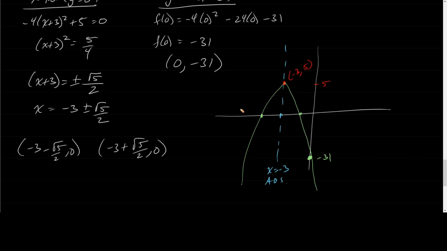So this one is -3 minus radical 5 halves, and this one is -3 plus radical 5 halves. Those are those points there. And again, in red there, we've got the vertex.